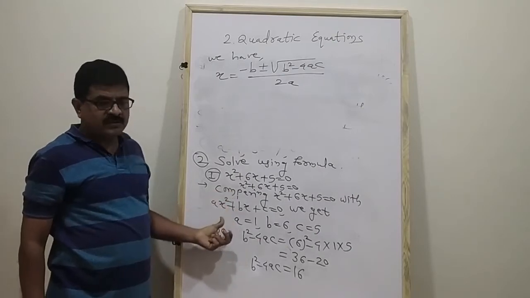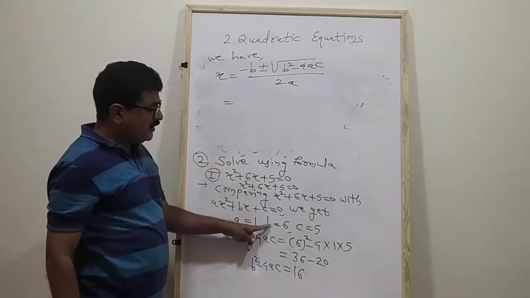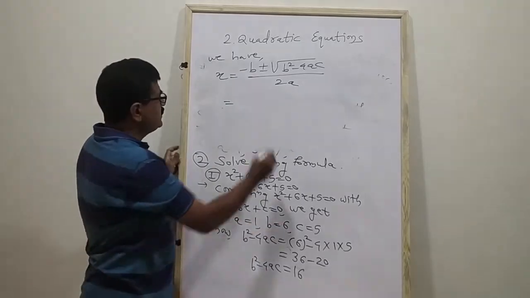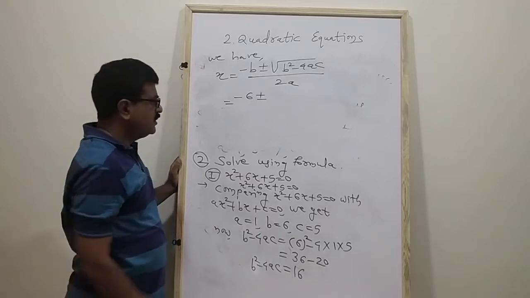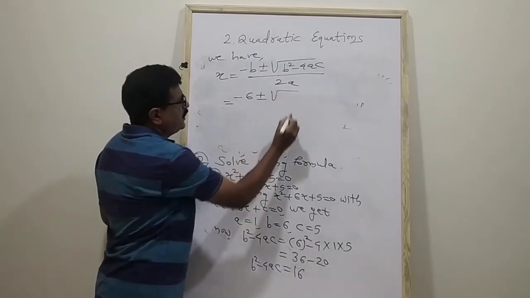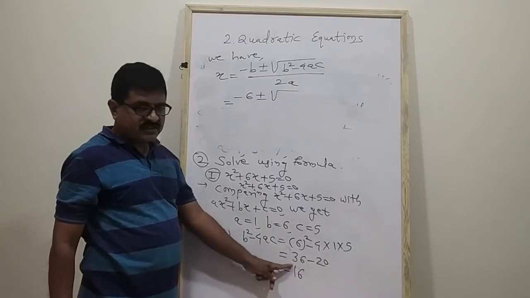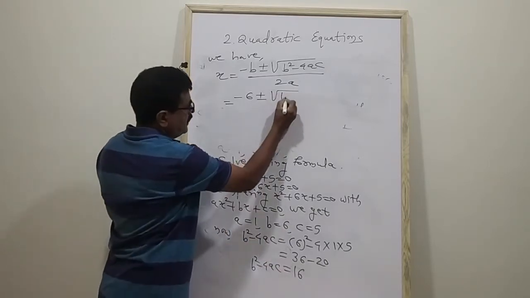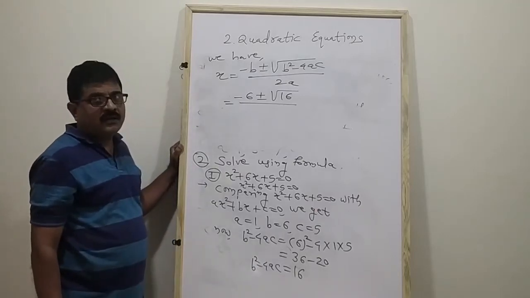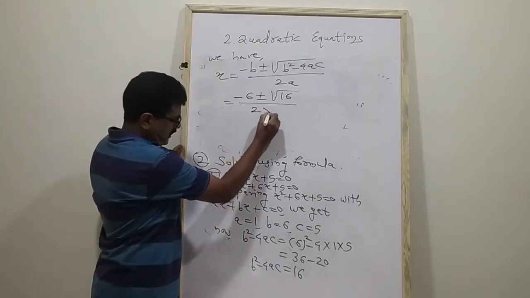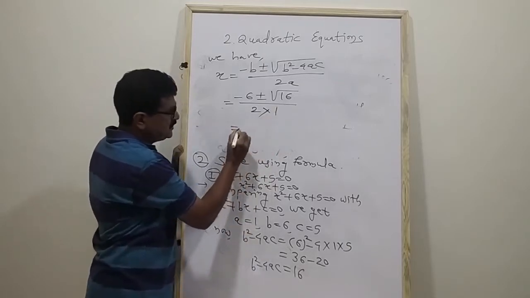Now put values. What is the value of b? 6, that is minus 6 plus or minus square root of b square minus 4ac, that is 16, divided by 2a, 2 into value of a is 1.